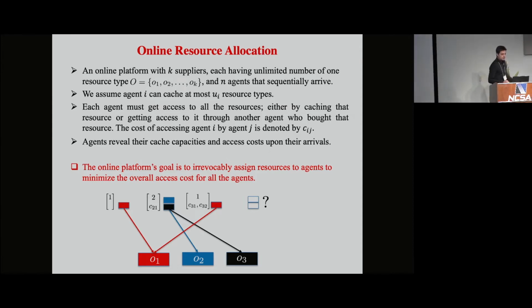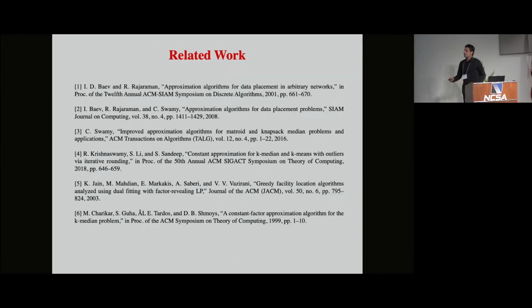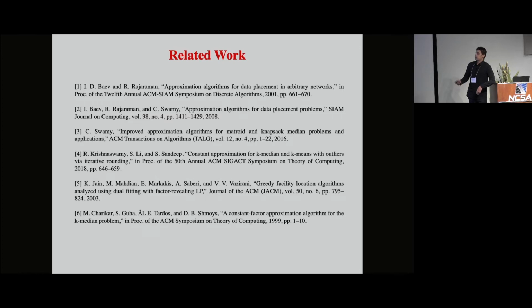Okay. Great. So the problem that I just described has a large connection with a larger literature on the data placement problem, which has been studied by Baev, Swamy, and many others in the past. What I described is a homogeneous online version of the data placement problem, which has been studied from the approximation algorithms point of view. People have been trying to come up with good approximation algorithms to find suboptimal solutions in the offline setting.